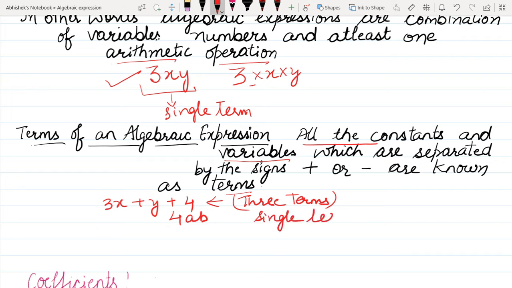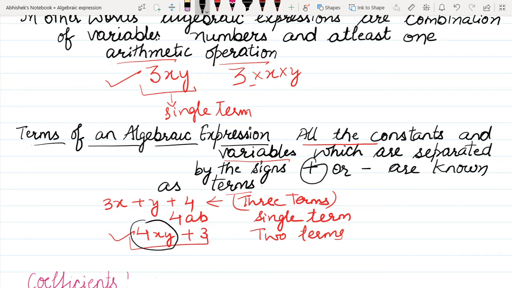Suppose we have 4xy plus 3. So how many terms? These are 2 terms. 4xy is considered a single term because terms are separated by the sign plus or minus only.